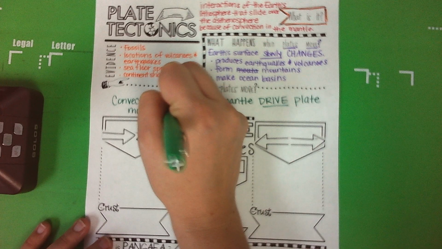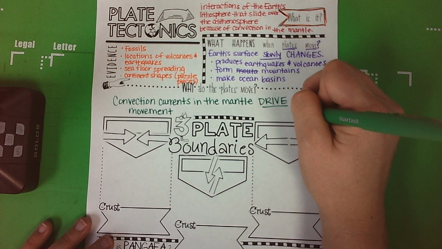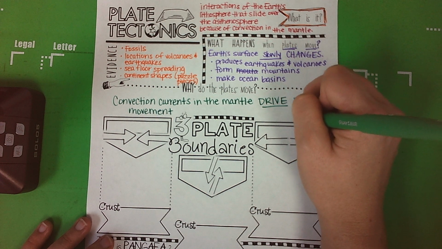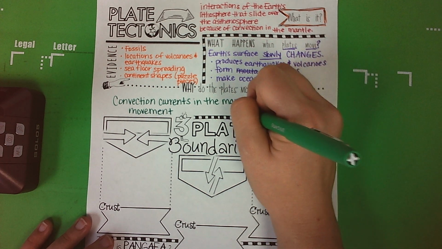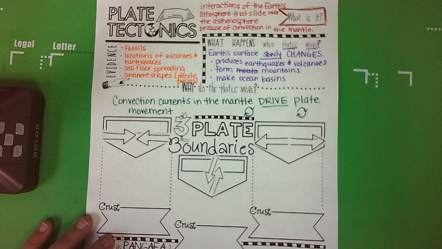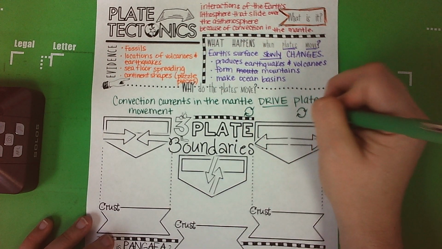You could say drive, you could put cause. Okay, so I want you to think about how you may have seen pictures or diagrams of mantle convection, and it shows these arrows that are constantly moving.